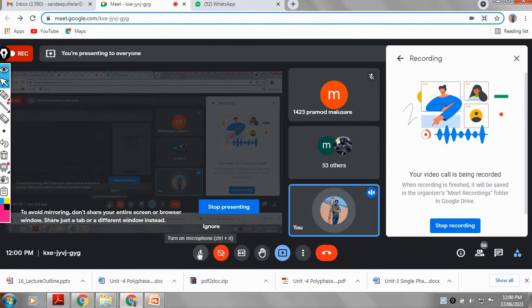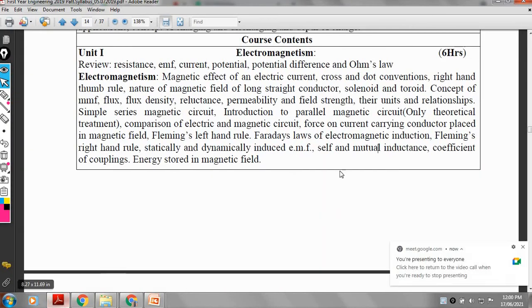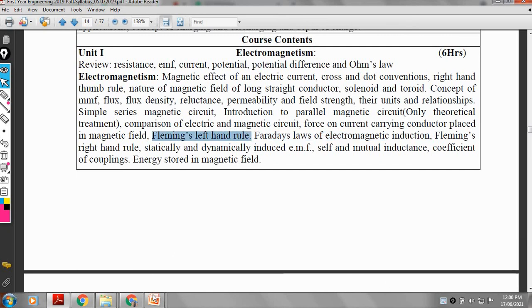Now we have to explain Faraday's law of electromagnetic induction, and also the comparison between electric circuit and magnetic circuit. Faraday's law of electromagnetic induction depends on the first law and second law. We also have to explain Fleming's left hand rule and right hand rule.